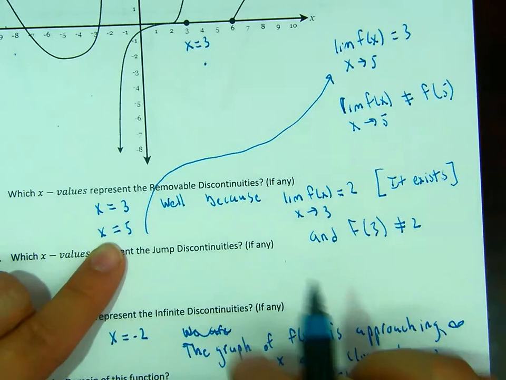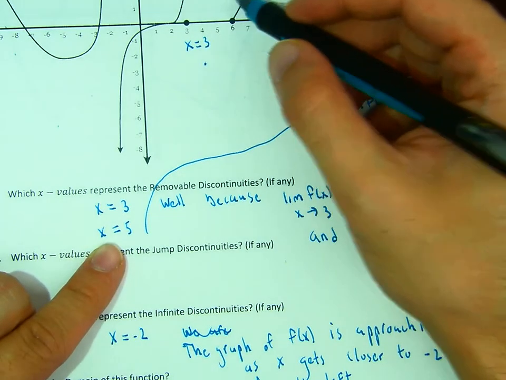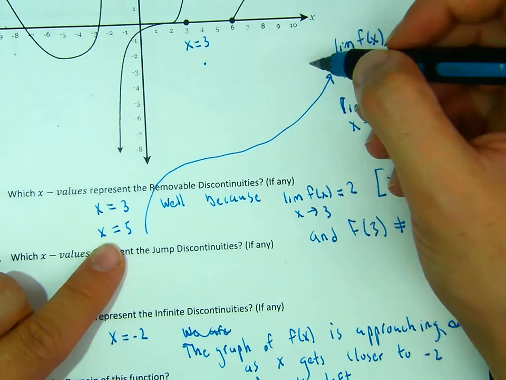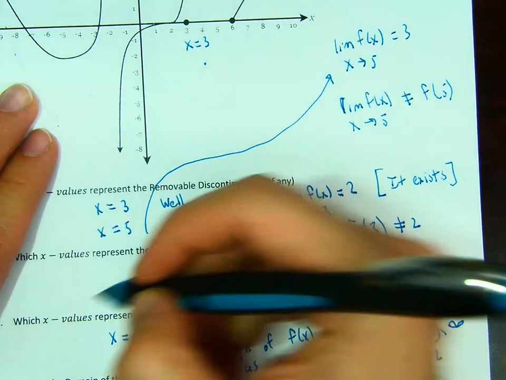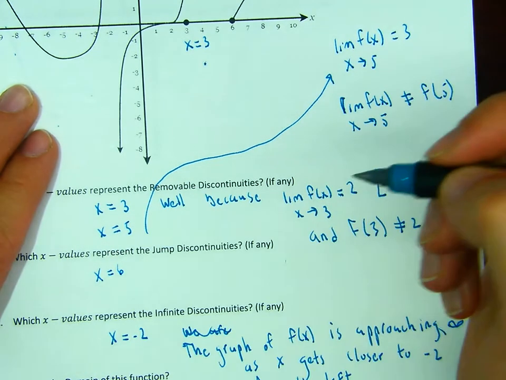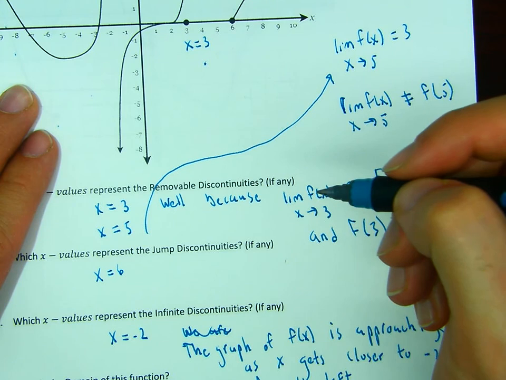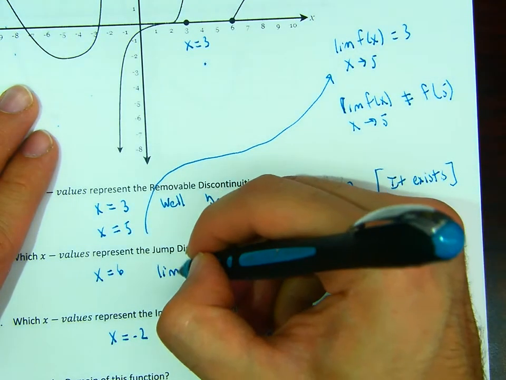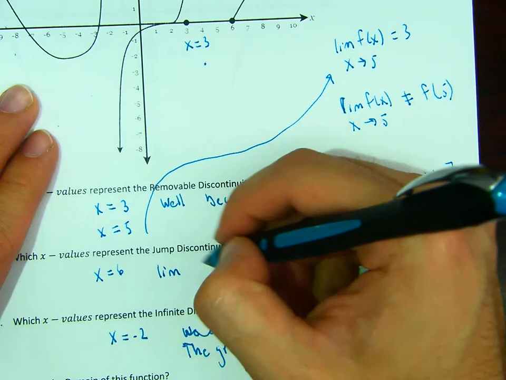All right, so let's take a look here at x equals 6. Here at x equals 6, we have a jump discontinuity. And what's happening at x equals 6? What's the explanation why?